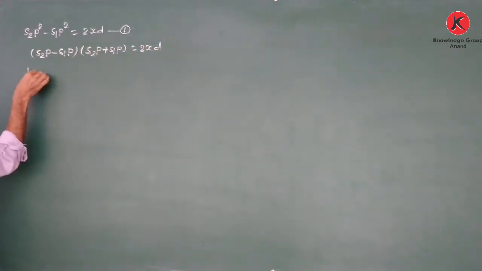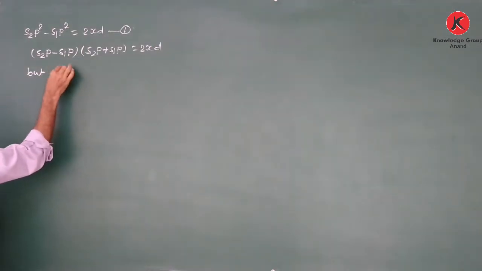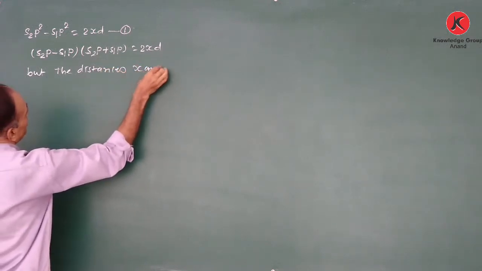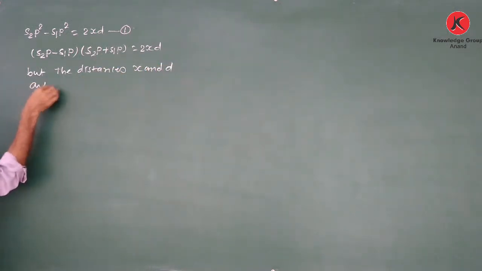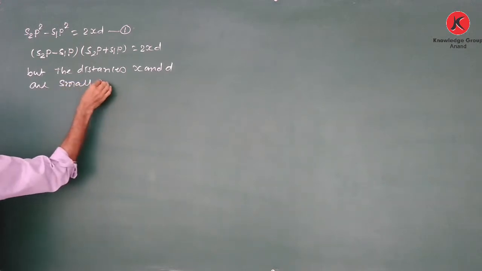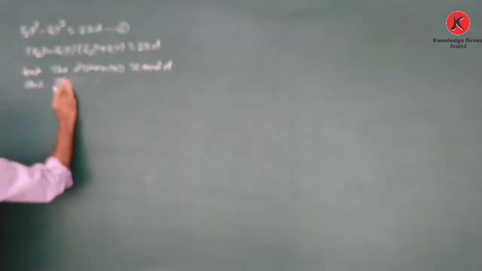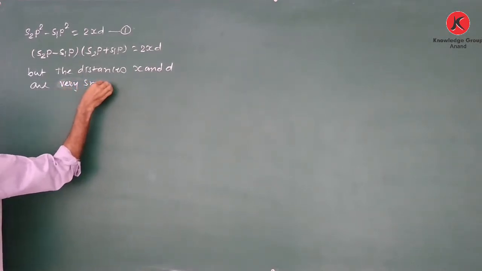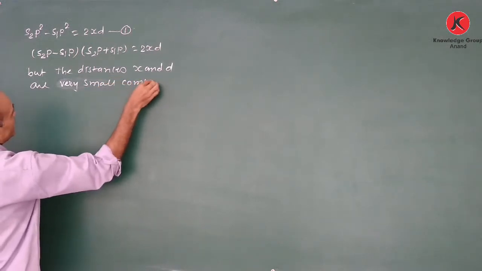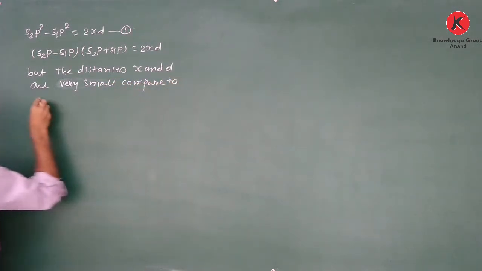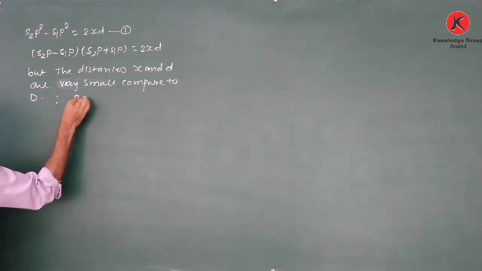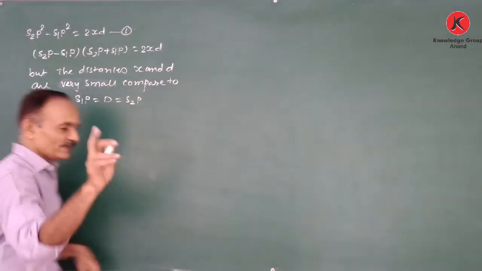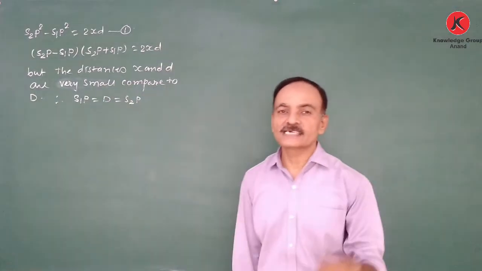But the distances x and small d are very small compared to capital D. Therefore, we consider S1P as S2P. That means the values of S1P and S2P are both the same, and that is capital D.